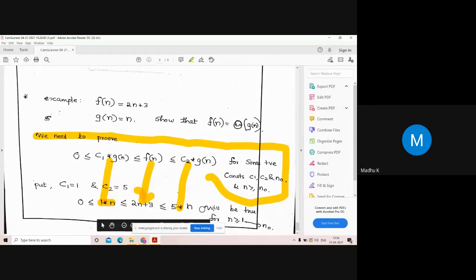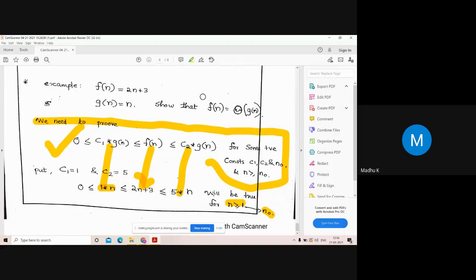This is also true. So f of n is equal to theta of n.